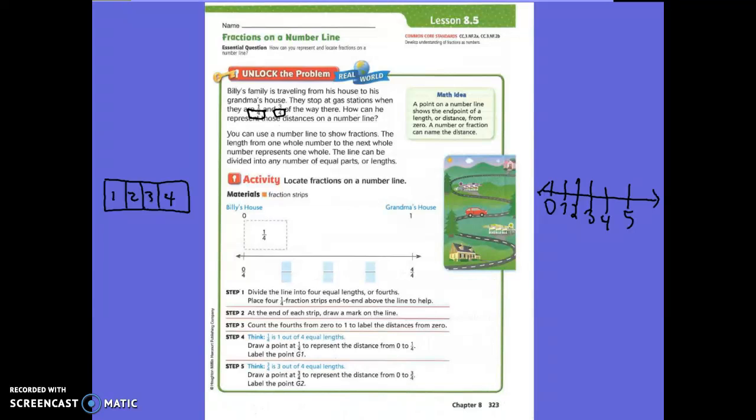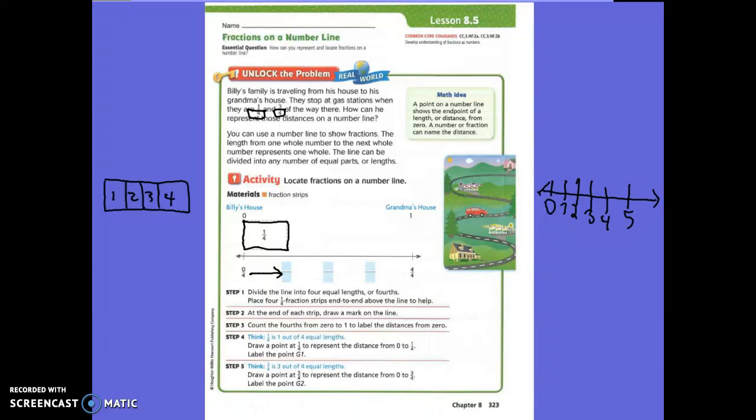And then you could use fraction strips, which I can show you. They're like little boxes, okay? Then you have 1/4. So you are going from here to here. And that distance is 1/4 of a mile.